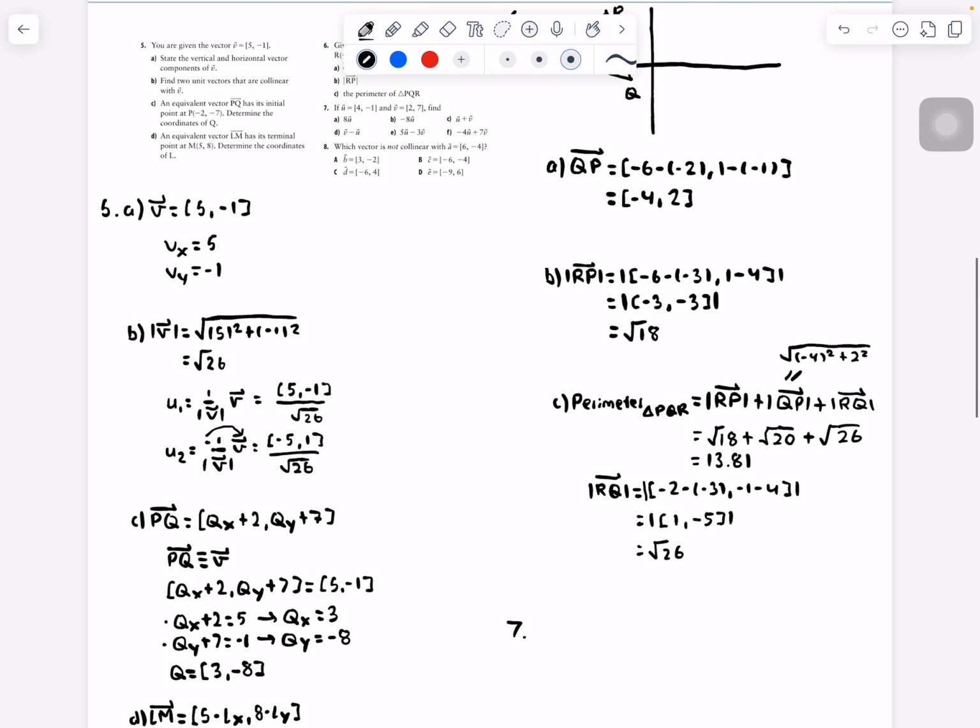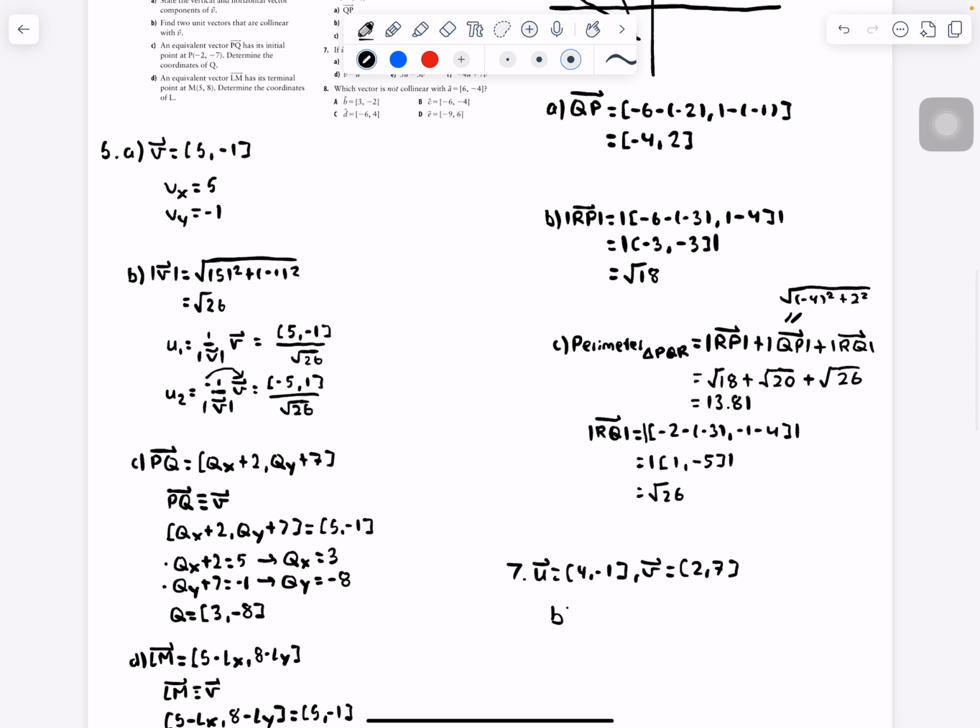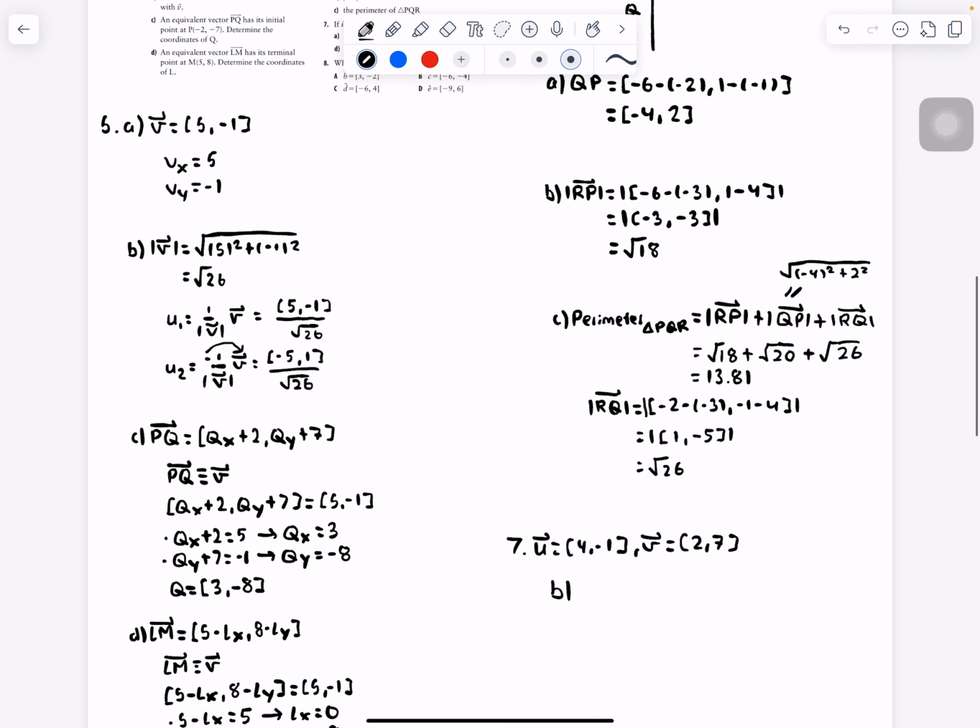So u is 4, -1, and v is 2, 7. Let's do b. b is -8u, which is just -8 times 4, -1.